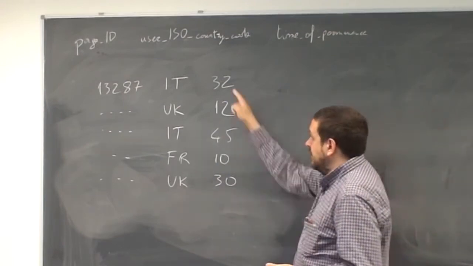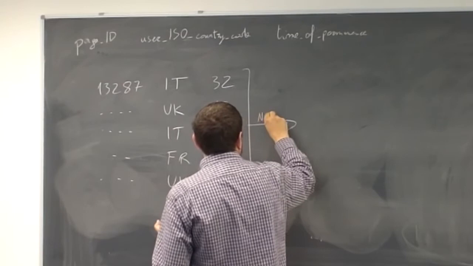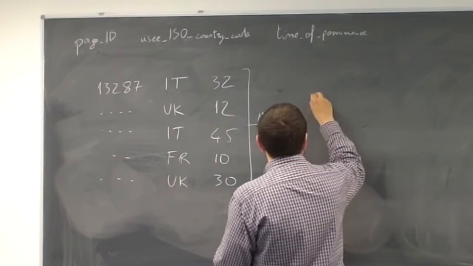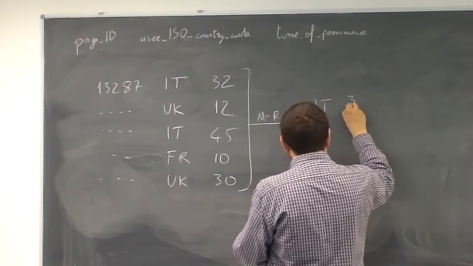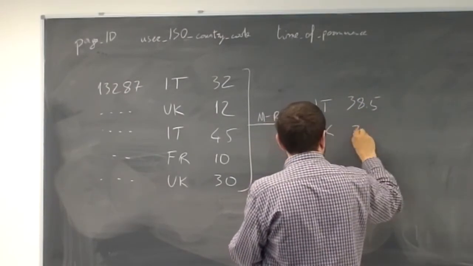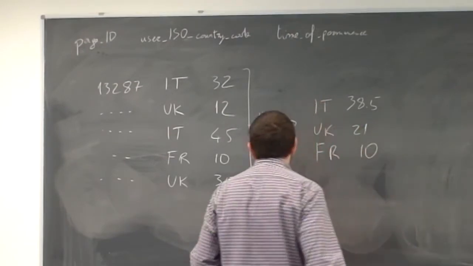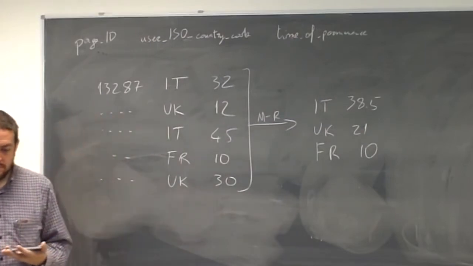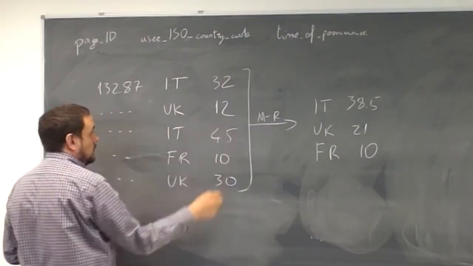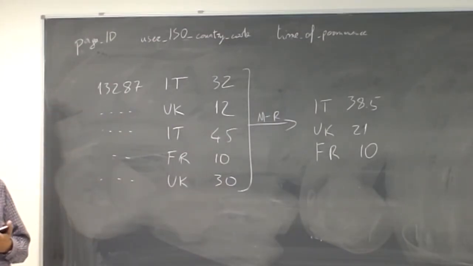For example, the outcome of this log after the MapReduce would be IT 38.5, UK 21, FR 10. Okay, the average of all times of permanence.